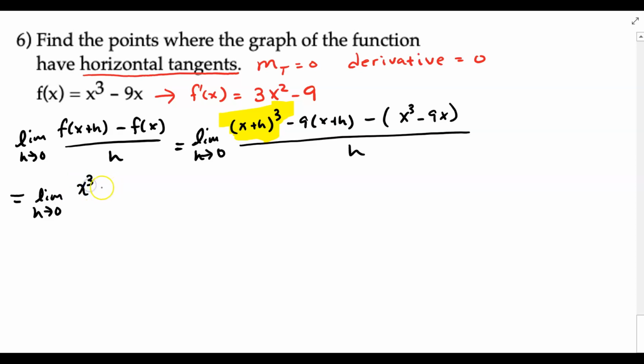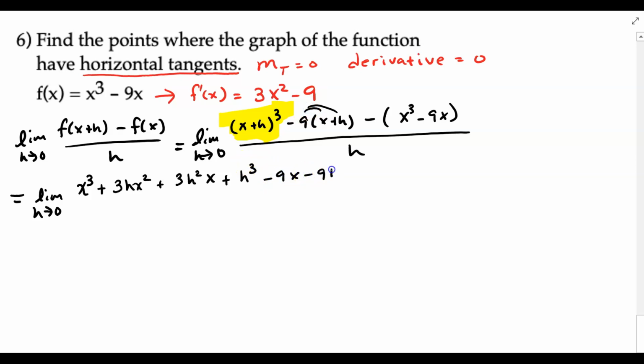All right. Okay, it looks like that. All right, that for sure is it. I'm going to do the distribution there.